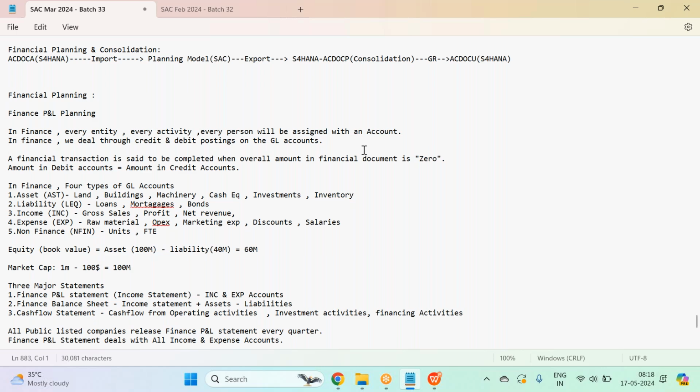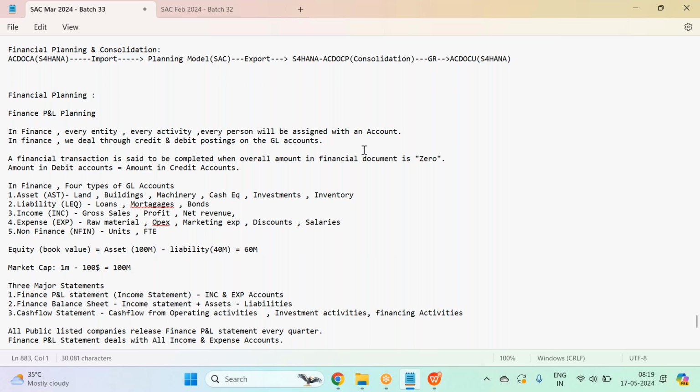You don't see any measures in finance, guys. Sales, profit, raw material cost, labor cost, marketing expense, operating expense are measures elsewhere. Sorry, in finance everything is an account.